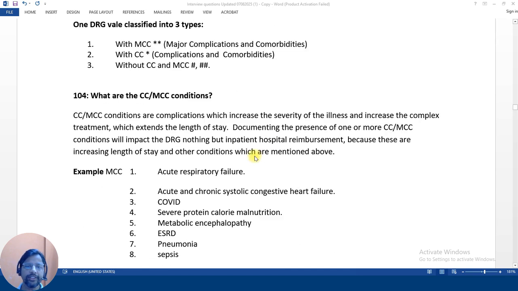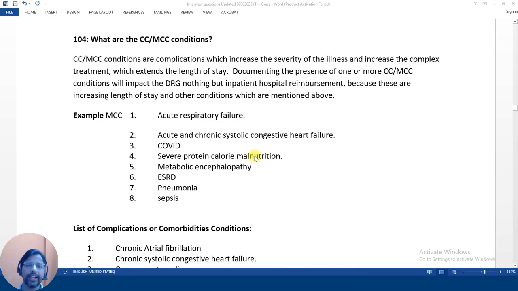Okay. Next, what are the CC and MCC conditions? So CC and MCC conditions are complications which increase the severity of the illness and increase the complexity of treatment, which extends the length of stay. Basically these CC and MCC conditions are the secondary diagnosis. These will increase the patient's length of stay and the patient's treatment also.